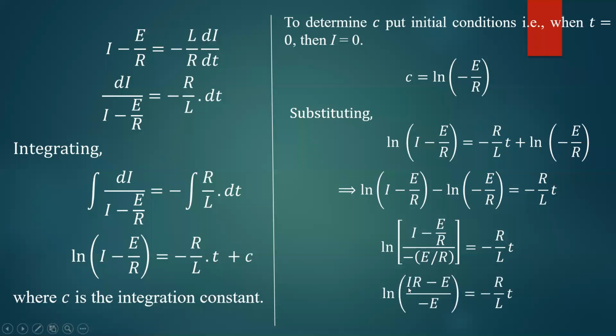You will get (IR minus E) divided by minus E. Here in the numerator, take the LCM as R, you will get (IR minus E) whole divided by R. That R will cancel with this R. In the numerator IR minus E remains, in the denominator minus E remains. So this is the logarithmic equation. What should you do with this? You have to write it in exponential form.